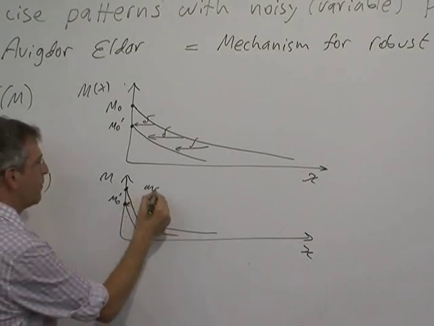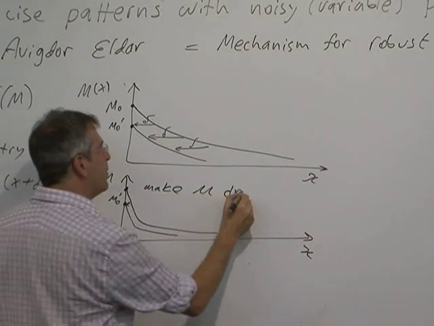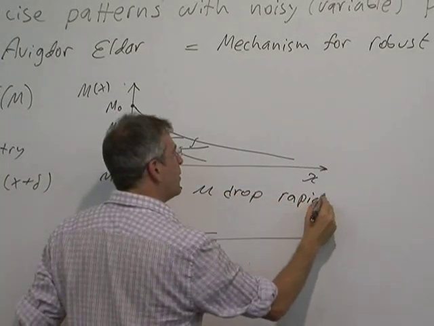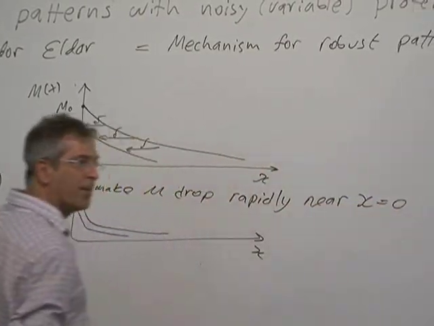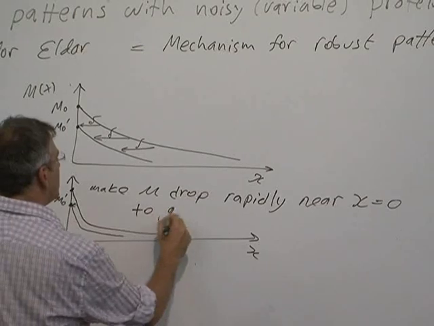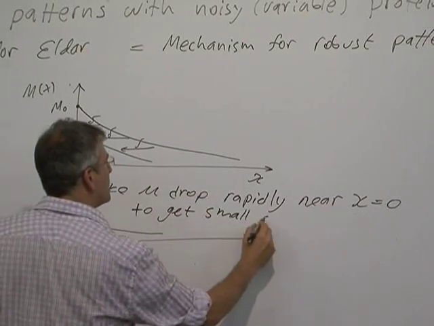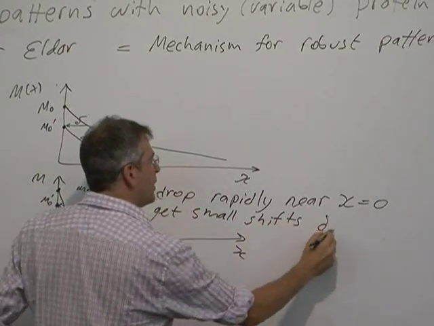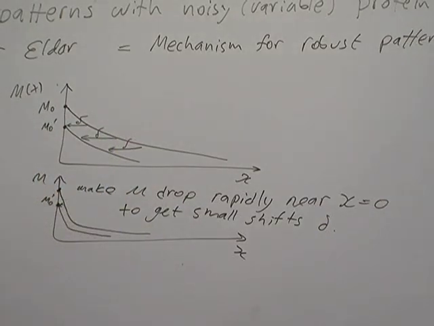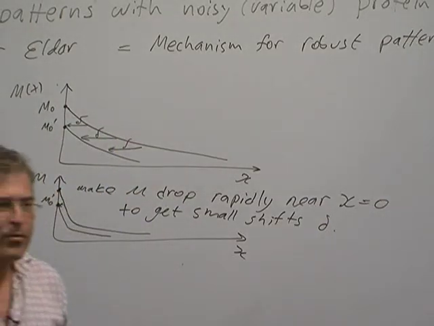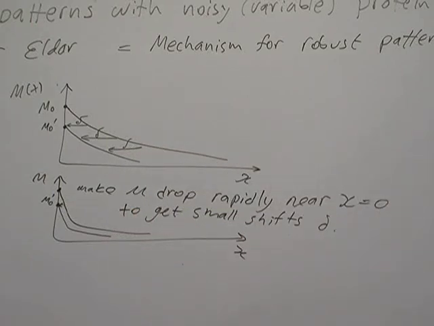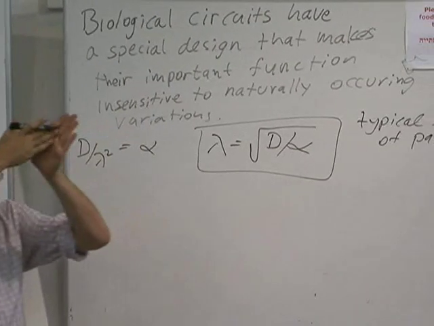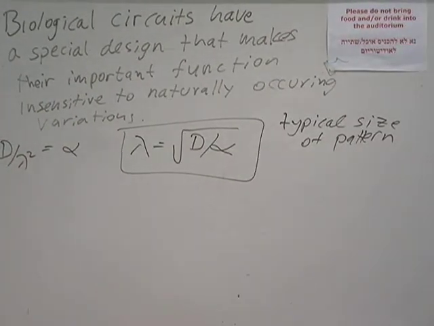So make m drop rapidly, steeply, near x equals 0, to get small shifts. So how can you do that? Well, with our previous exponential gradient, in order to get a steep drop, we need to make this very small, so that the exponential drops near the source. But that means the patterns we can make are very small.